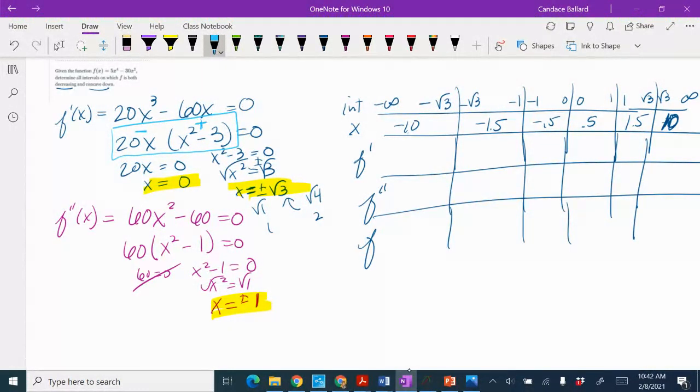So a negative times a positive is negative. I'm going to plug in -1.5. The -1.5 is negative, and 2.25 is what you get when you square it, so the second factor is also negative here. So negative times a negative would be positive.